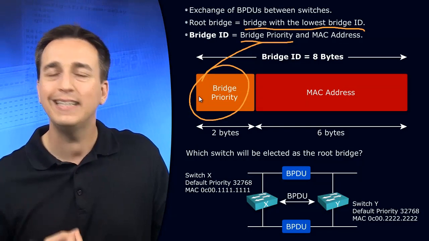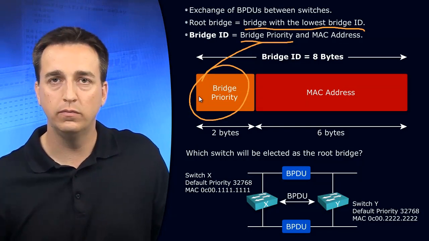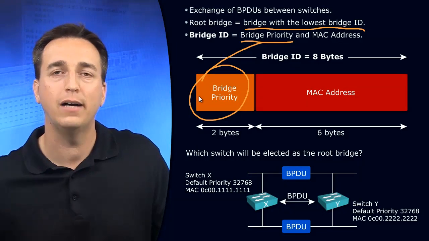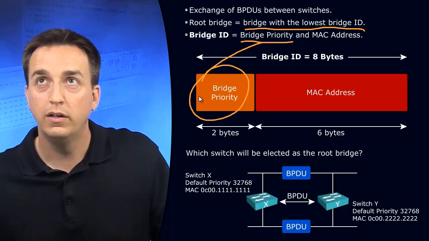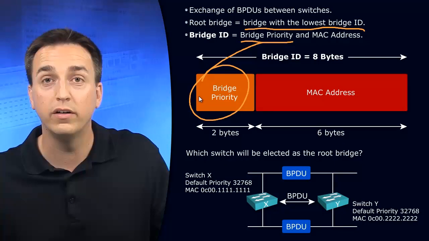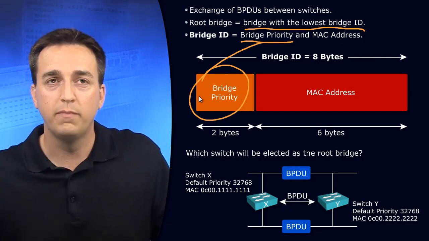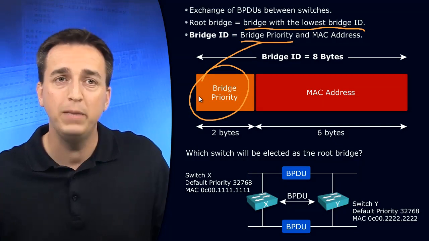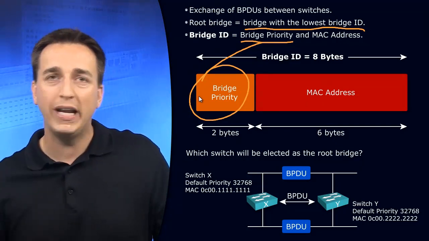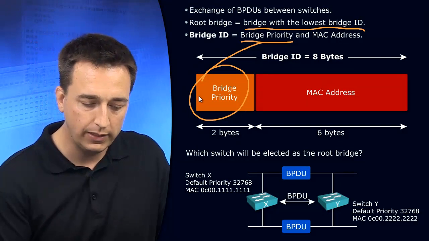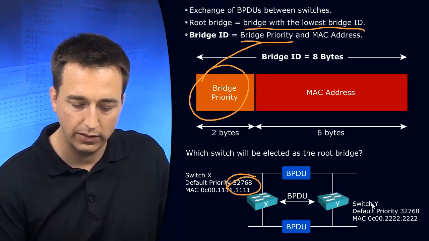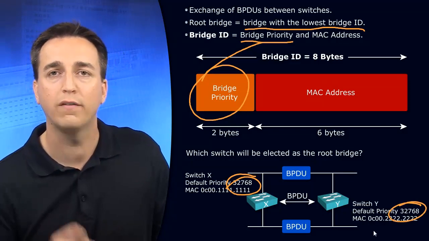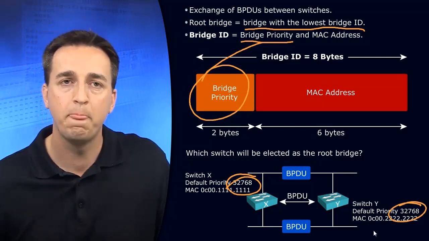It is a 16-bit value in the range of 0 through 65,535. And what is the mid-range point? The mid-range point is the default value that we see down here, 32,768. So out of the box, the Cisco Catalyst switches have a default priority of 32,768.